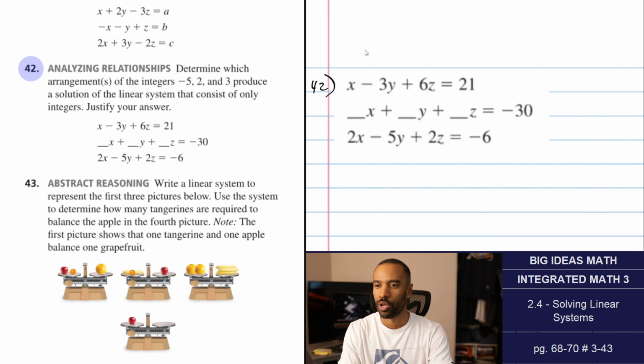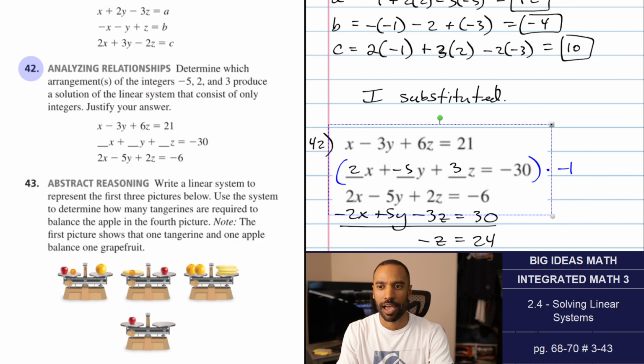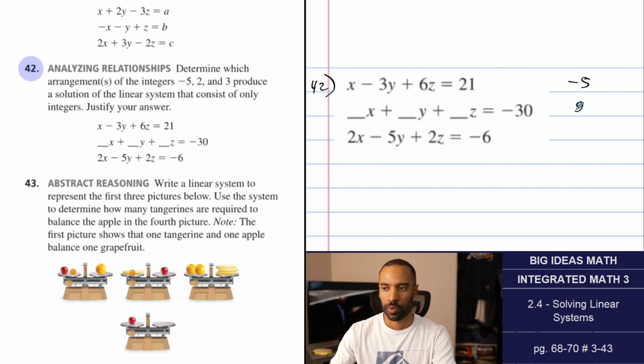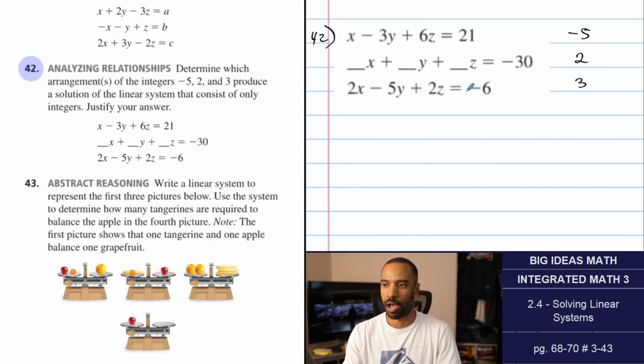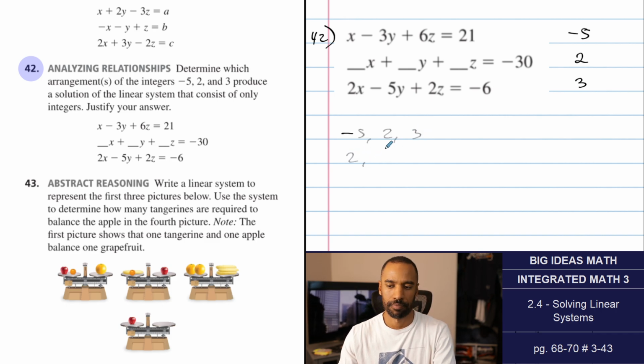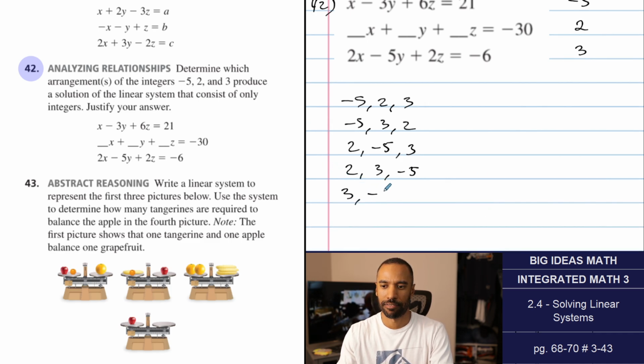What were the numbers I'm using? Oh, they're right here. -5, 2, and 3. Now the order that I just did was 2, -5, and 3. So here are my different options: -5, 2, 3; -5, 3, 2; 2, -5, 3; 2, 3, -5; 3, -5, 2; 3, 2, -5.